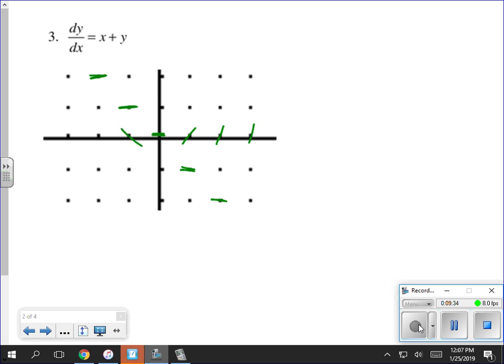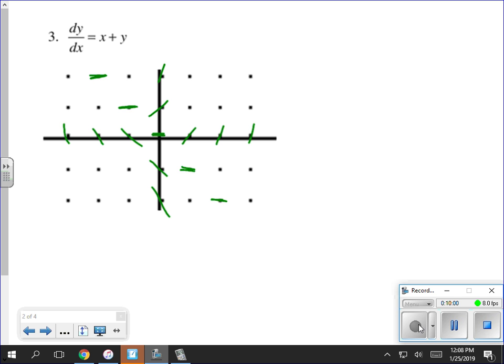I have -1, -2, -3. If I go to the y-axis, the same thing is true for my y-coordinates. Y is 1, I have a slope of 1. Y is 2, I have a slope of 2. Y is -1, I have a slope of -1. I have a slope of -2. The rest of the points, you got to kind of think about a little bit as you're going along.